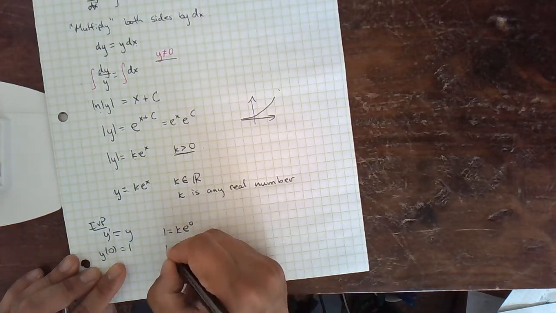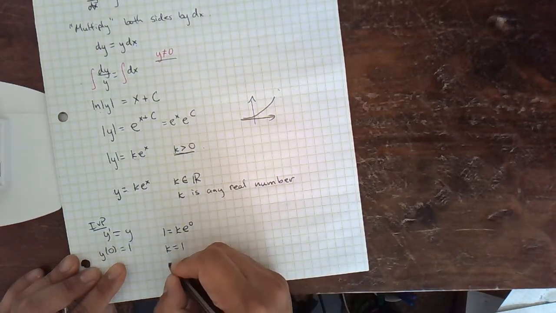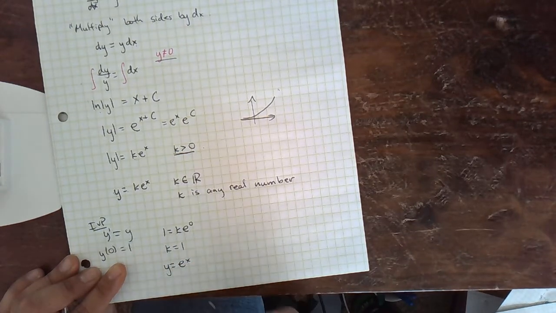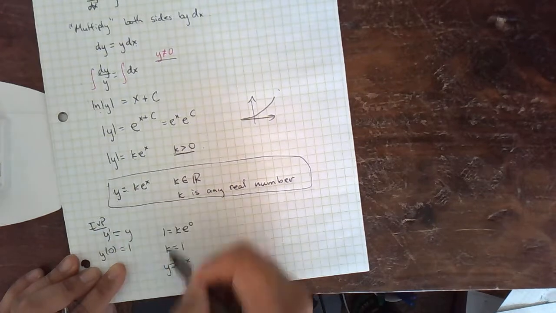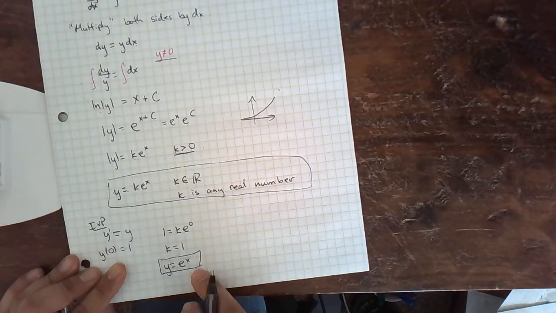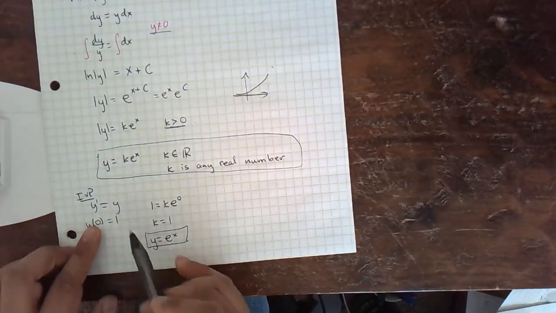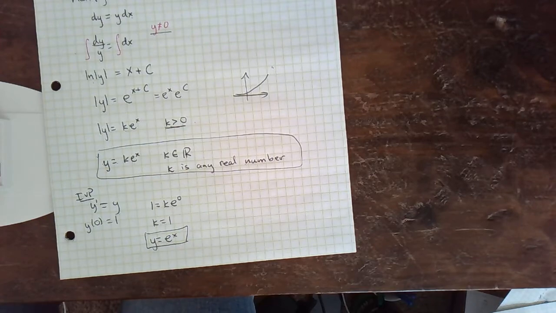That's 1. Okay, so k equals 1. Okay, so great. Our solution to the initial value problem is y equals e to the x. Okay, so there's general solution. There's solution to the initial value problem, which, yay, we were right. This guess is for the simplest version of that differential equation in this initial value problem.